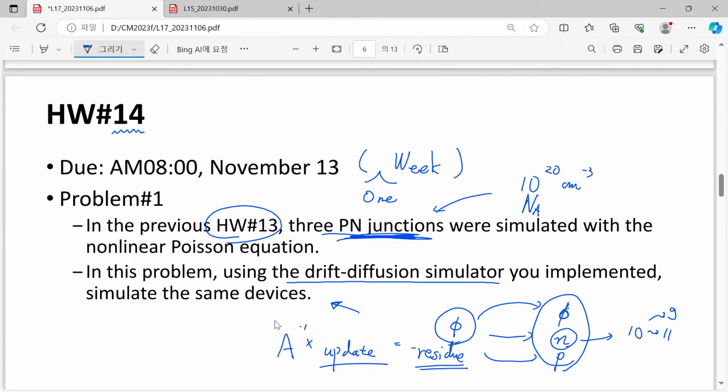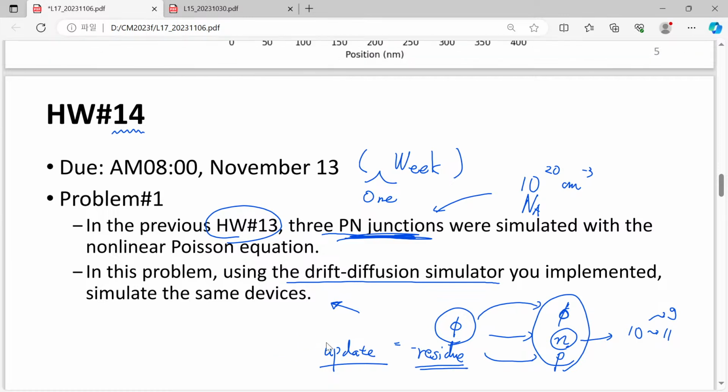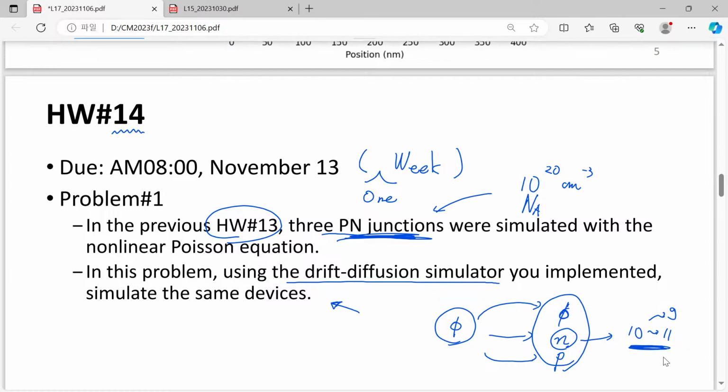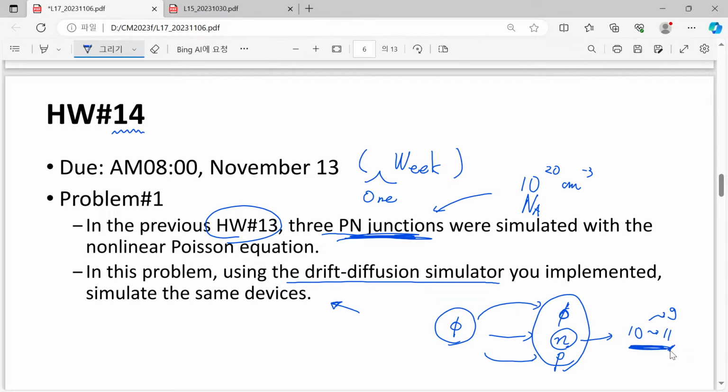So please, from my own experience, the most frequent way to destroy your code is confusion in your index system. This is the typical way you mess up your program. Okay.